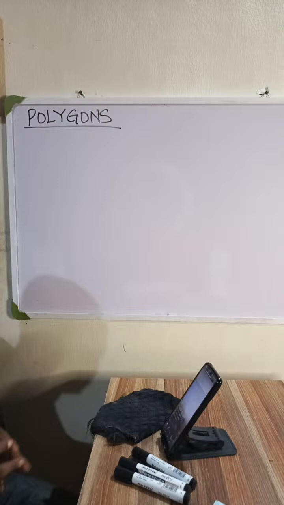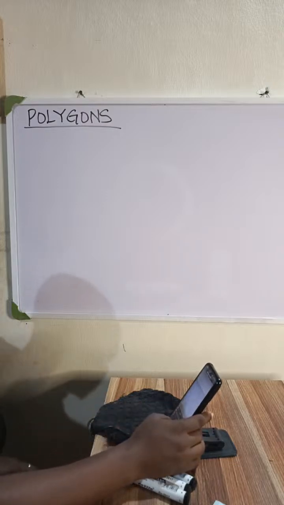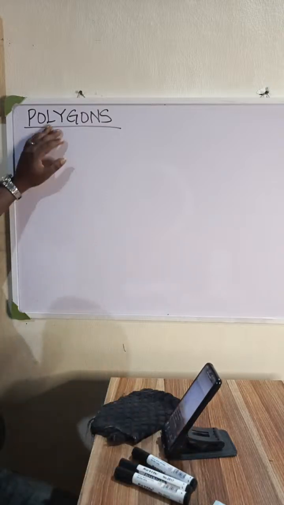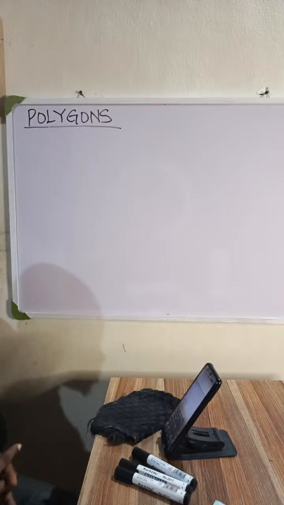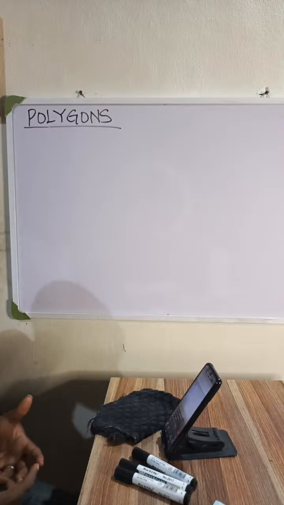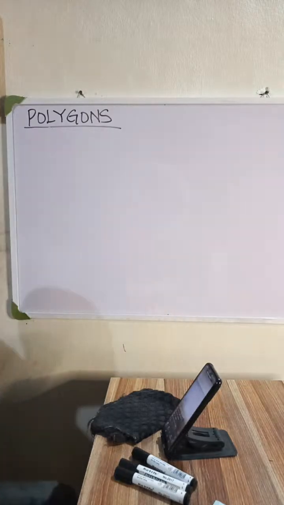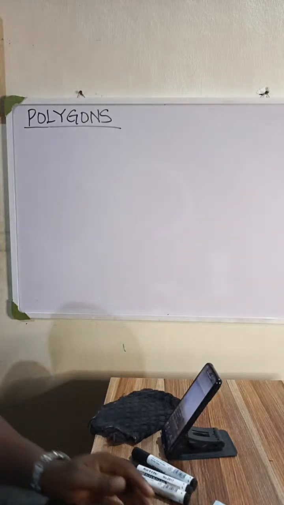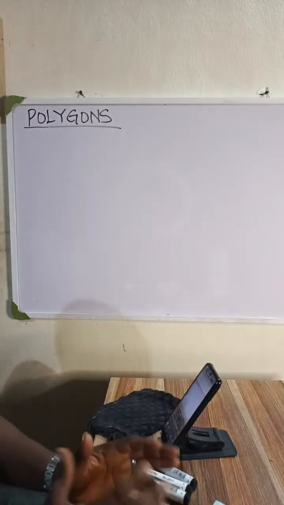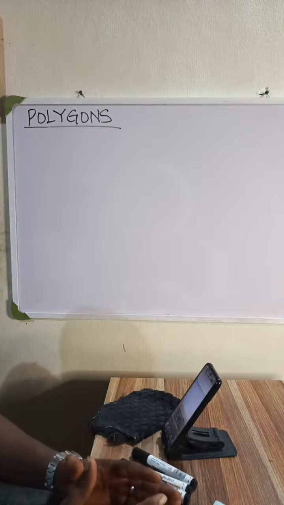Okay, so back to what I was saying. In our last class, we looked at polygons. We saw what polygons are. We looked at the different types of polygons. We also saw how to identify regular polygons and irregular polygons.